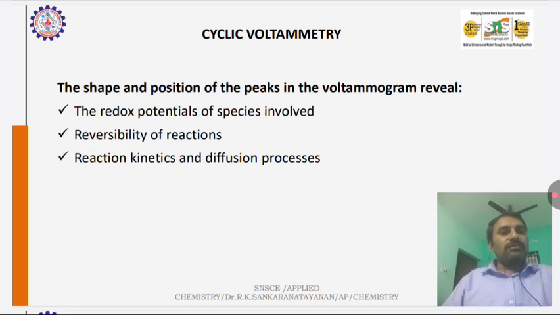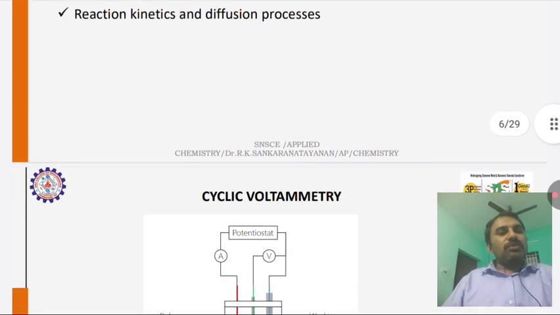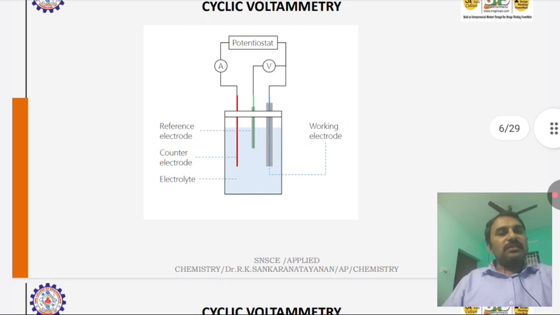So two curves will be there, based on the redox potential, the species involved, and the reversibility of the reactions. As I said, reduction and oxidation both happen, so it is mainly about kinetics and diffusion processes, which we already discussed.